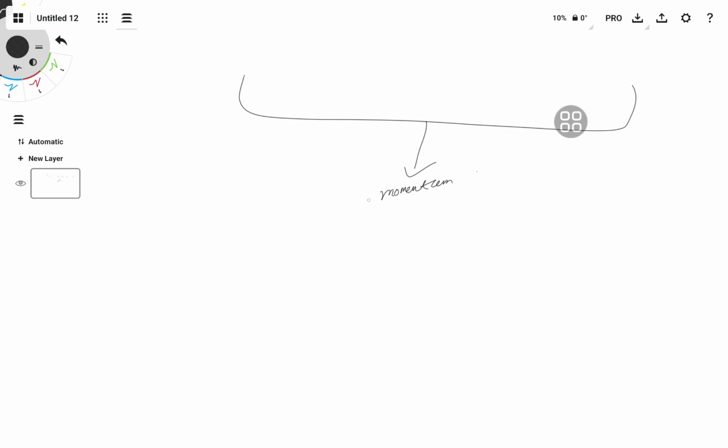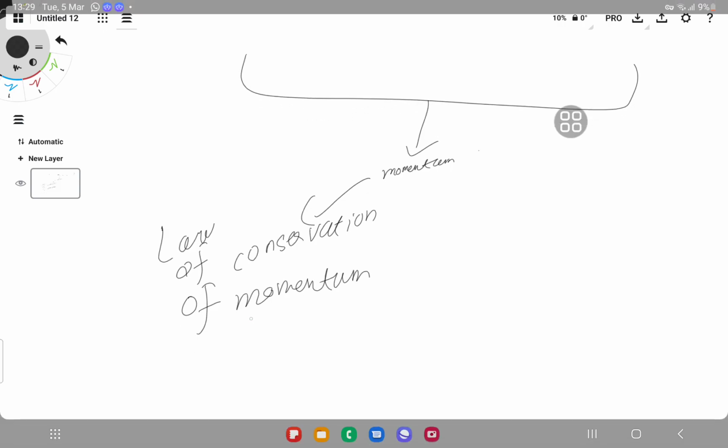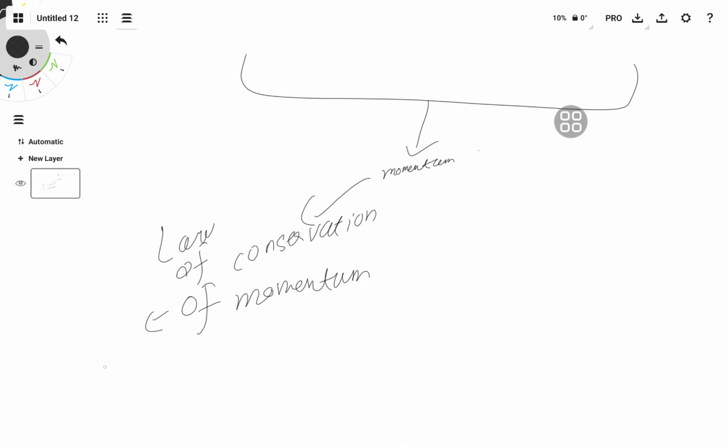We have momentum in a conserved system. The law of conservation of momentum, which we have already studied.